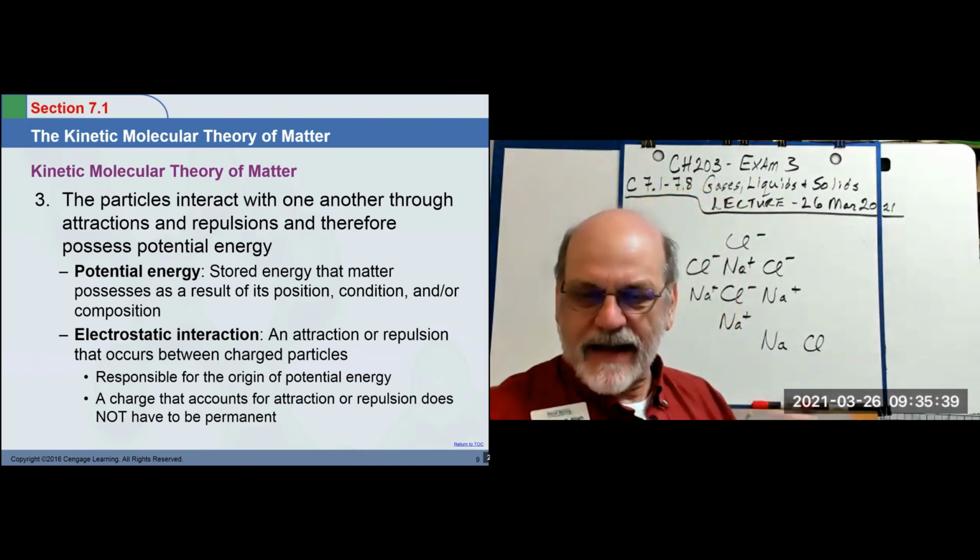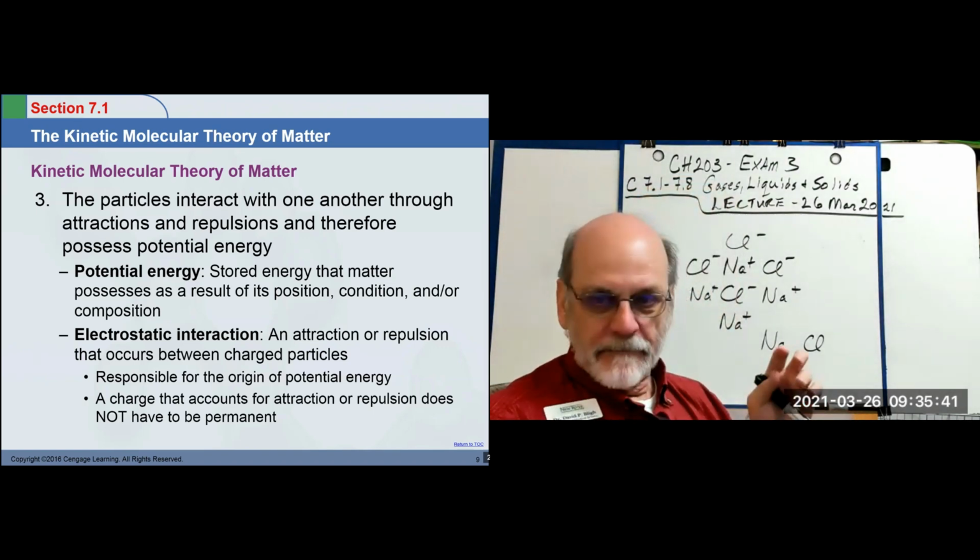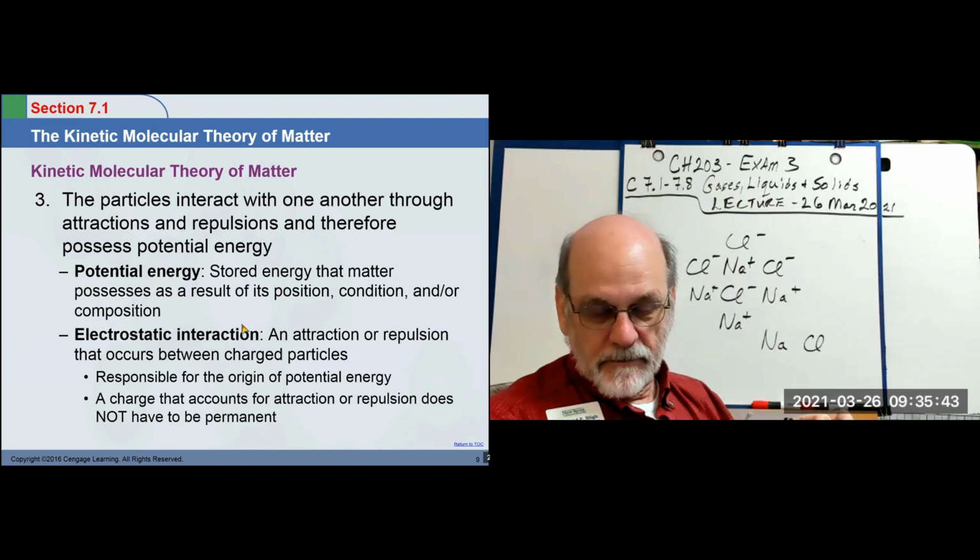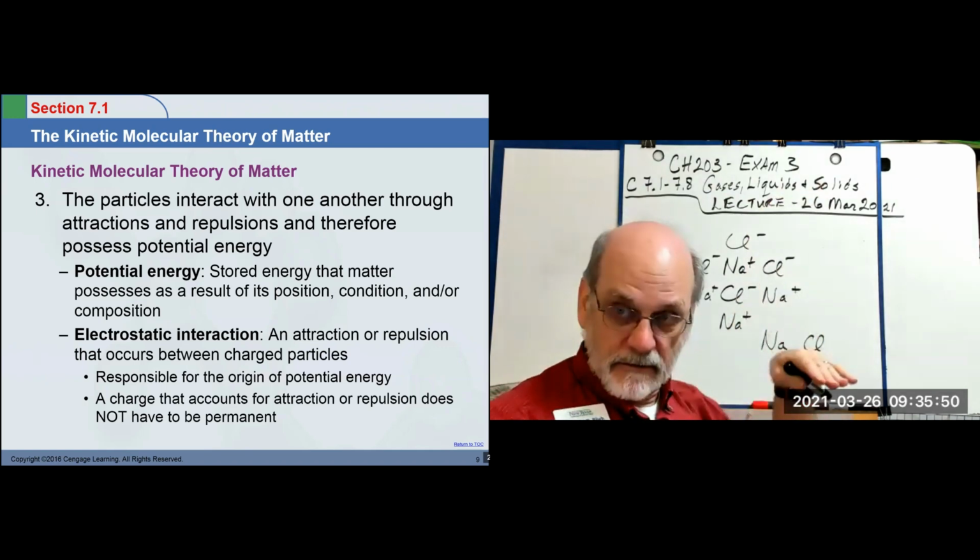But this electrostatic interaction, this attraction, is very strong. So there's a lot of potential energy stored in that, at that level.